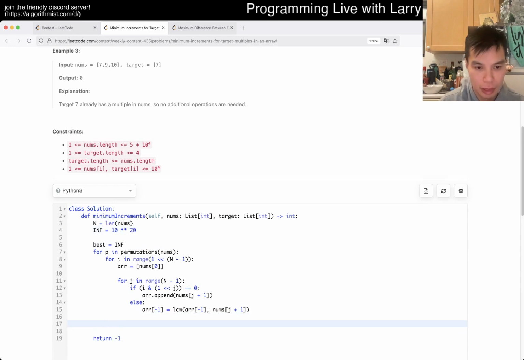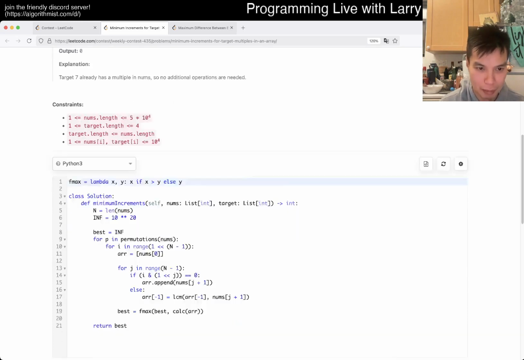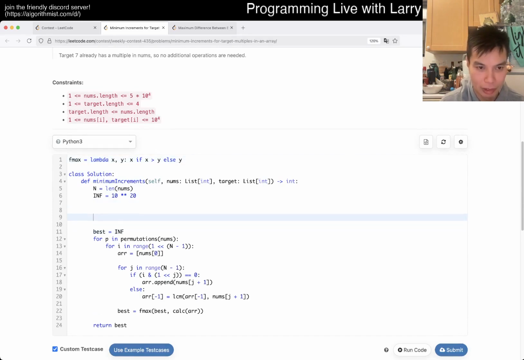So then now I'm gonna go best is equal to calc of array. Okay, I think that's fine. I was a little bit lazy to do this on the previous problem, and the time on that one is very slow, so that's why I'm doing it.